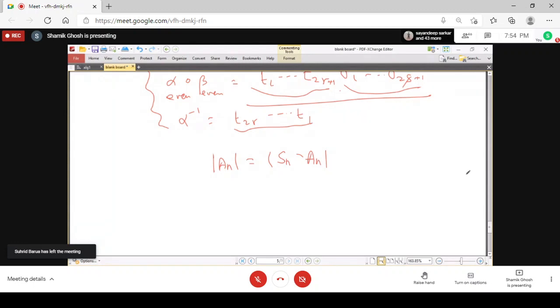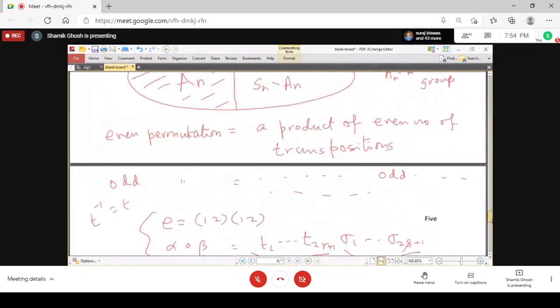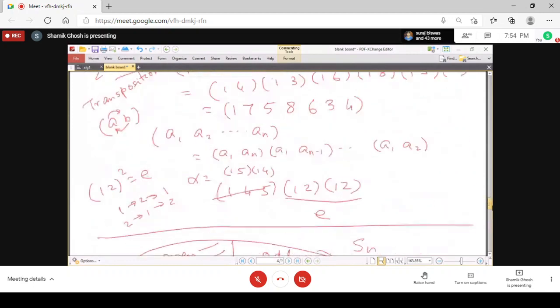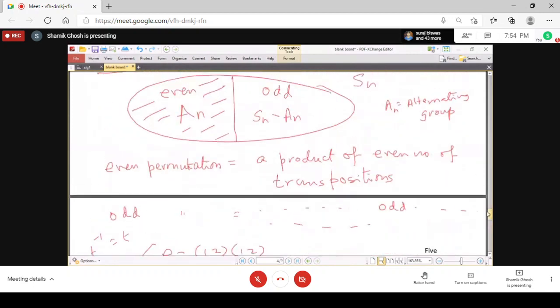Now, before proving that, there is one thing you must keep in mind. If we carefully notice the definition of even and odd permutation, I said that it is even if it can be expressed as a product of an even number of transpositions.